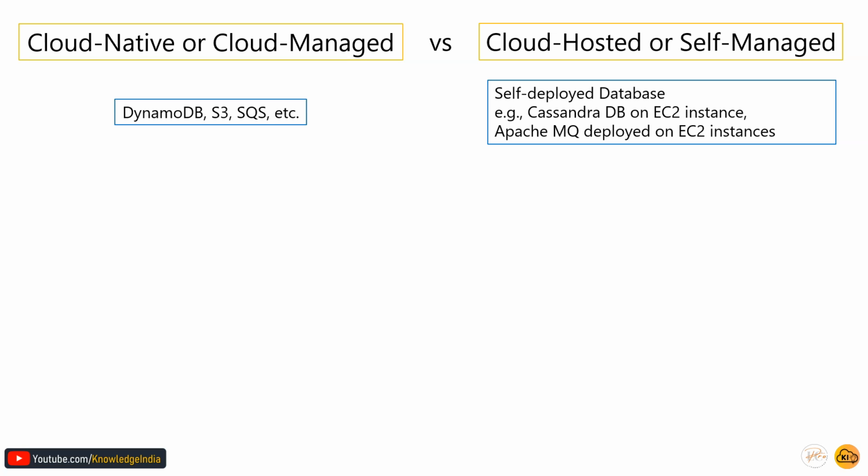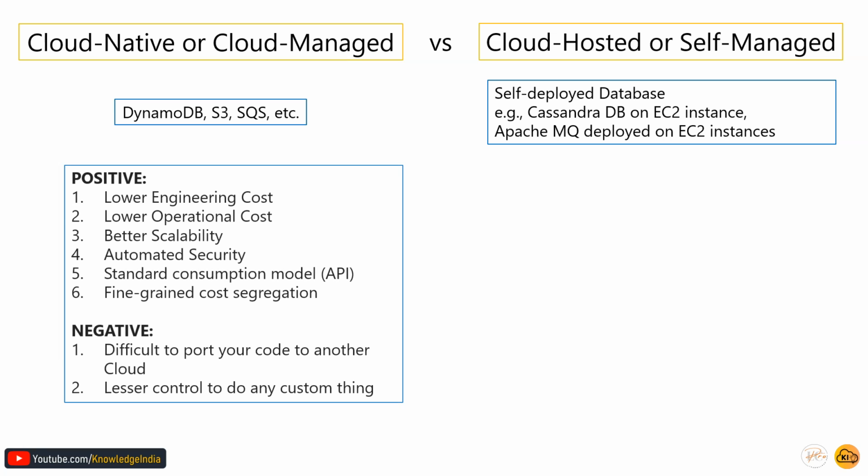Now let's quickly write down the positives and negatives in both cases. For the first one, your cloud native or cloud managed services, what are the positives and negatives? The positive is lower engineering cost. Think about this.